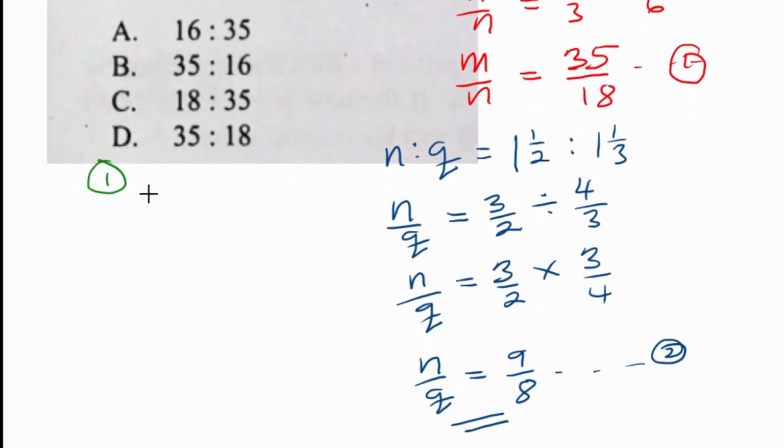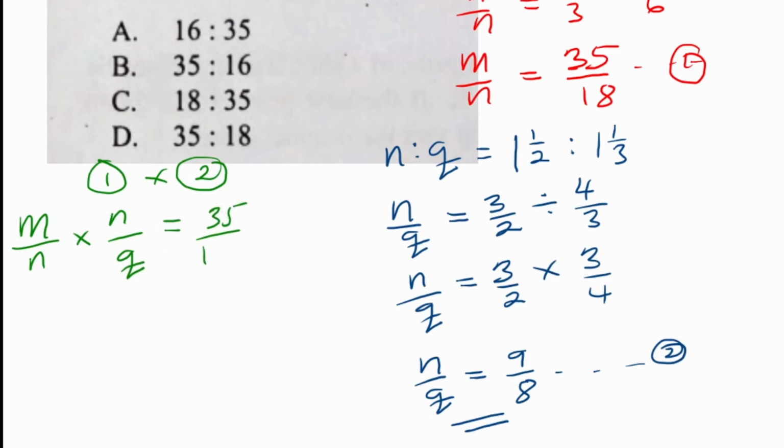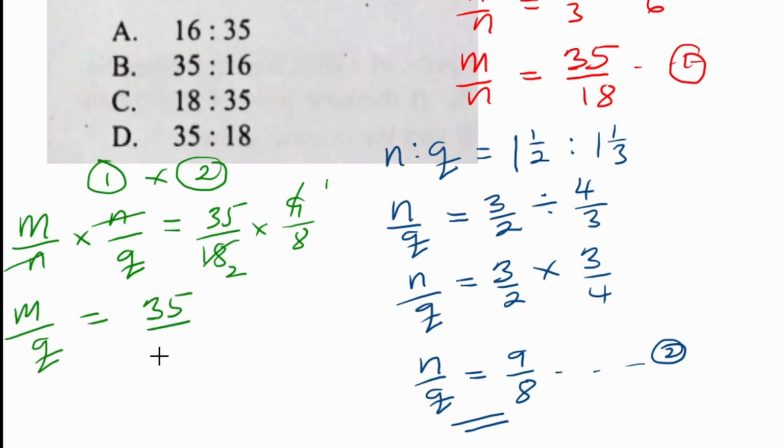So equation 1 times equation 2 is going to give us m over n times n over q, which will be the same as 35 over 18 times 9 over 8. This and this cancel, and you are going to have m over q, which is equal to 9 goes here 1, 18 goes here 2, so 35 over 16 equals m over q.